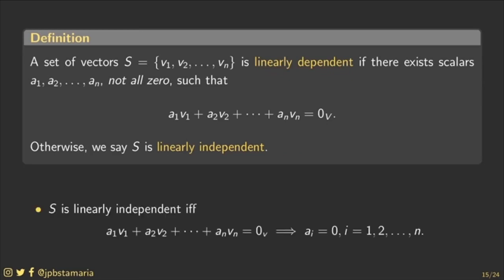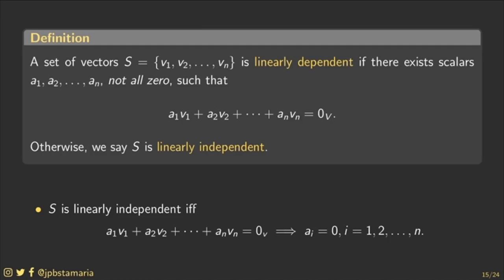So what we mean by linear independence actually is the following. S is linearly independent if and only if whenever this linear combination is 0, it must follow that each of these coefficients, or scalars, is 0.